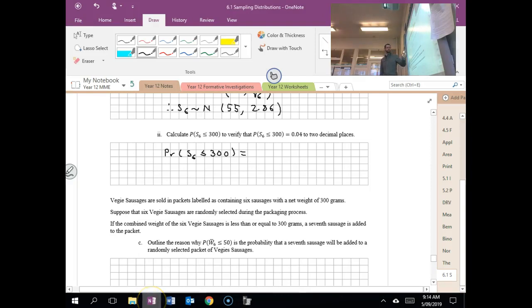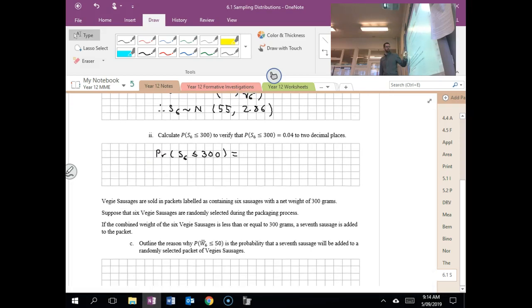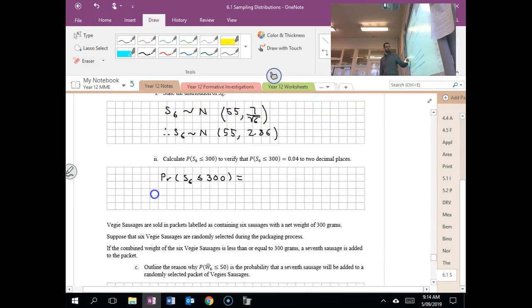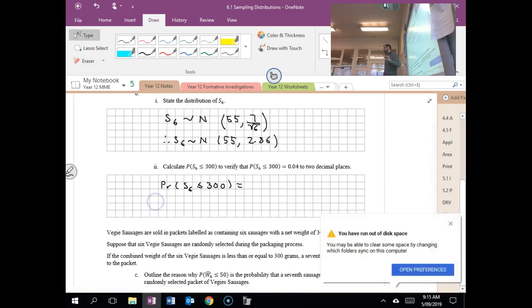Alright, so probability that the sum is less than or equal to 300. What have I done?